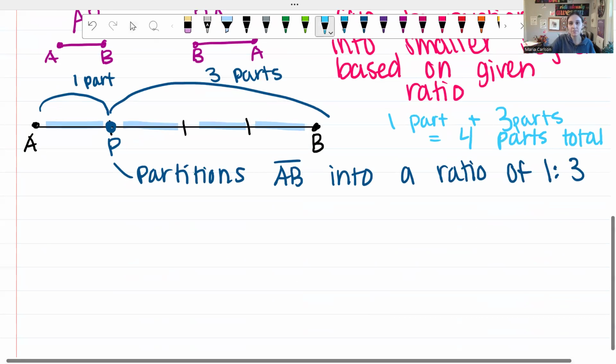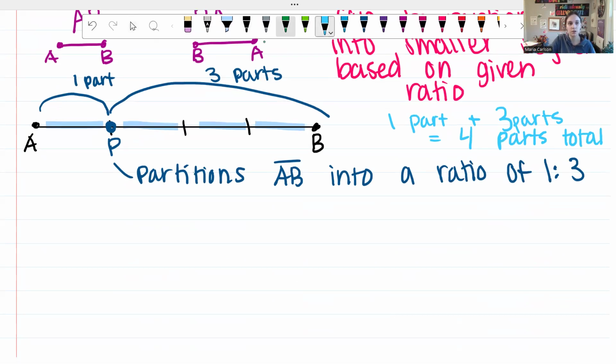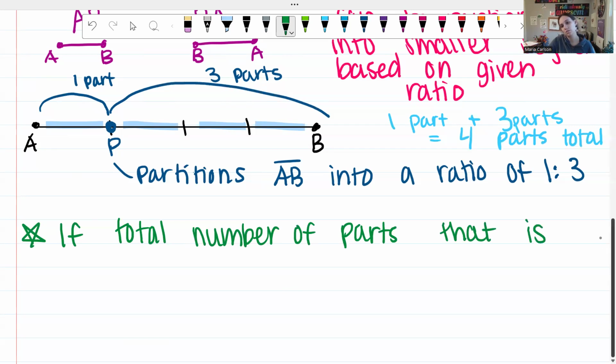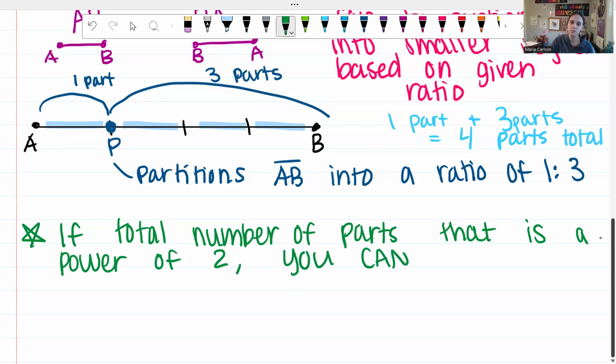If you have a total number of parts that is a power of 2, you can use the midpoint formula.